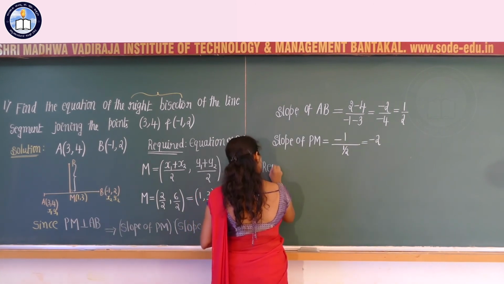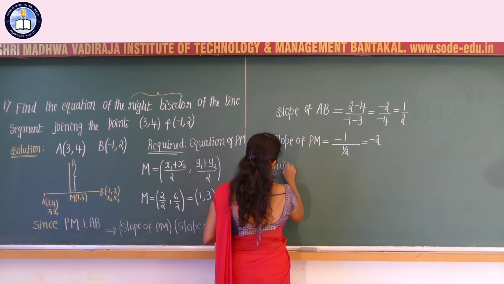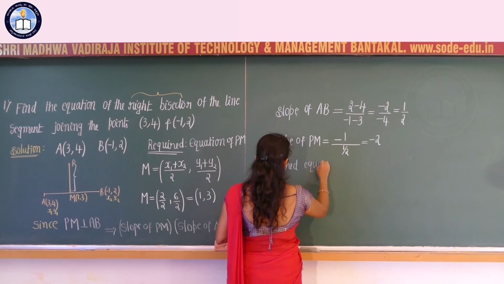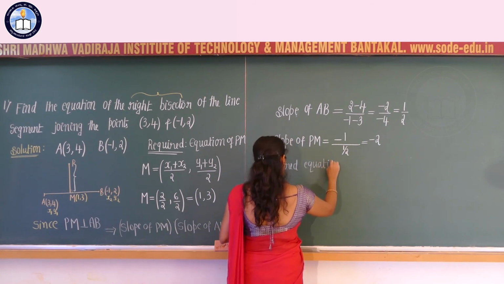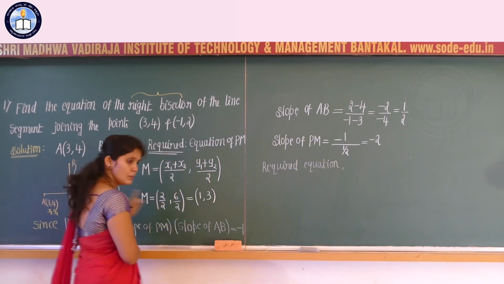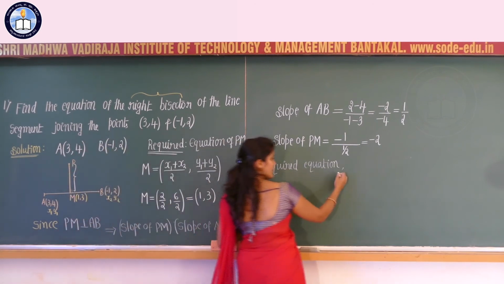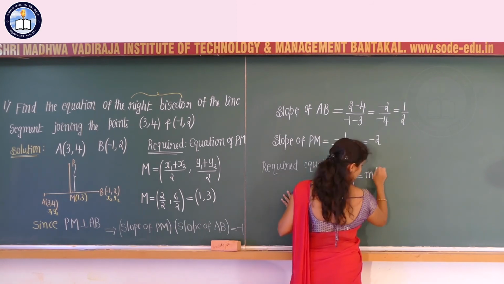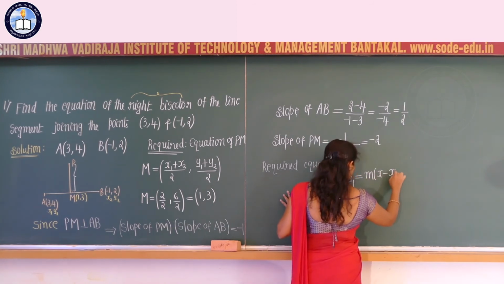What is the required equation? We know the slope value, that is m, the slope of PM, and PM passes through one point, that is M. So the required equation is y minus y1 is equal to m into x minus x1.